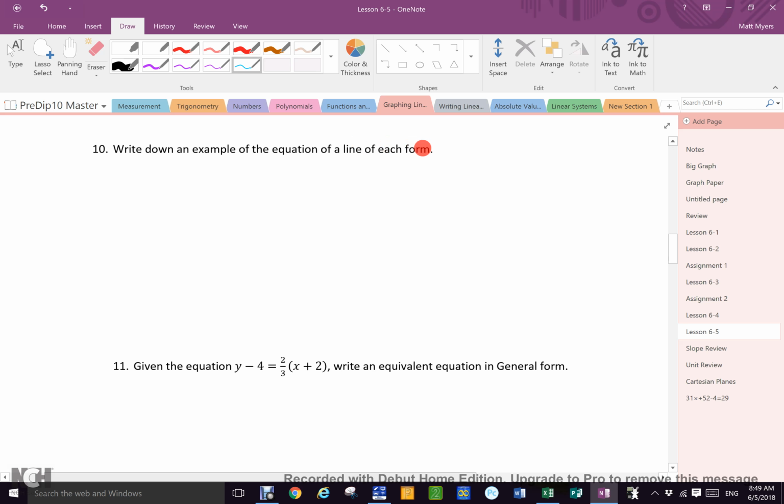Write down an example of the equation of a line in each form which passes through (-2, 7) and (4, 11).